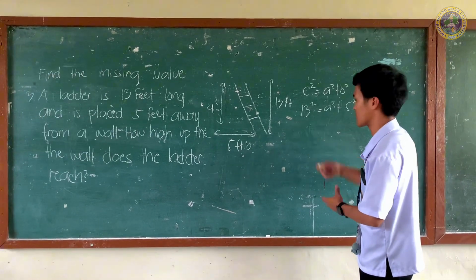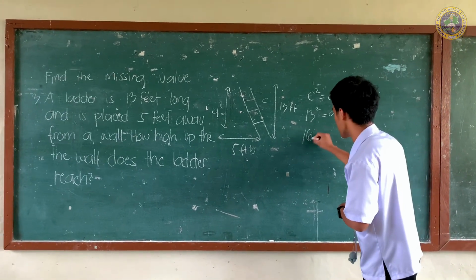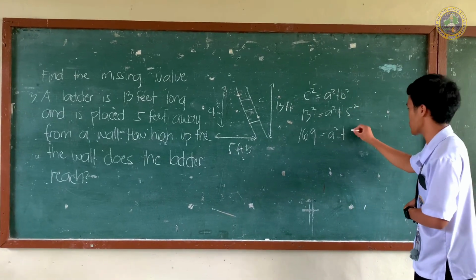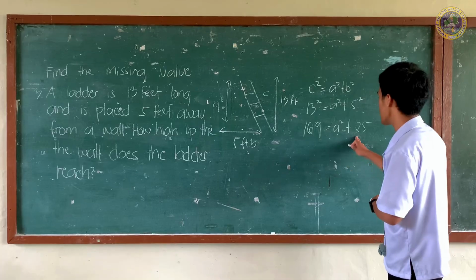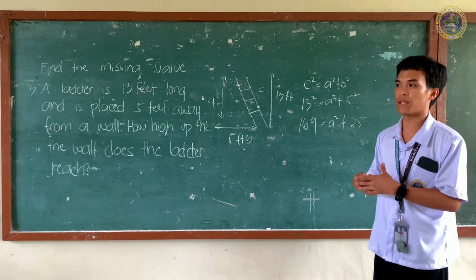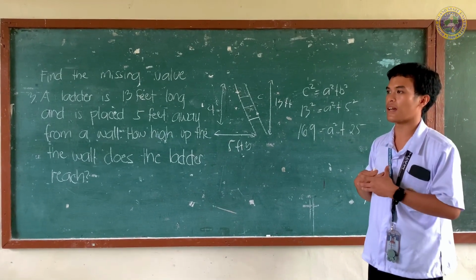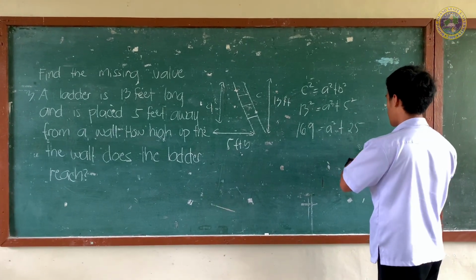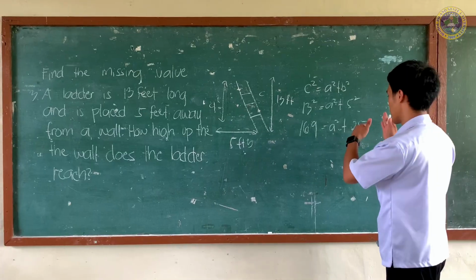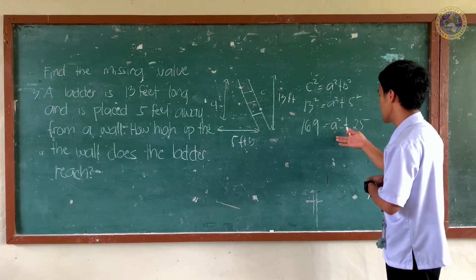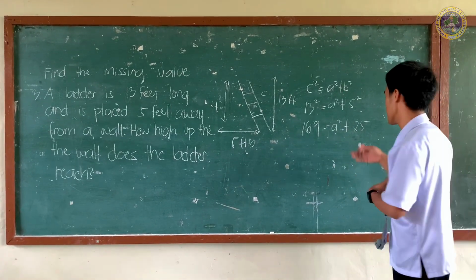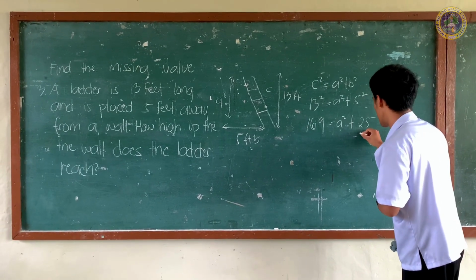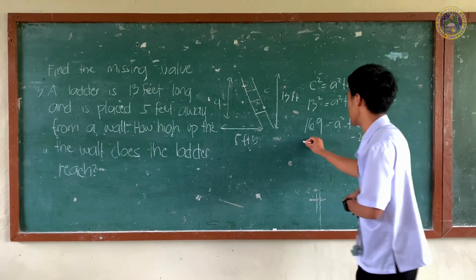So 30 squared is 900 equals a squared plus 5 squared, which is 25. Next, we transpose, or simply use the addition and subtraction properties of equality, which in short means we transpose the other values so that we get what we are trying to find. So minus 25 here, then minus 25 here.